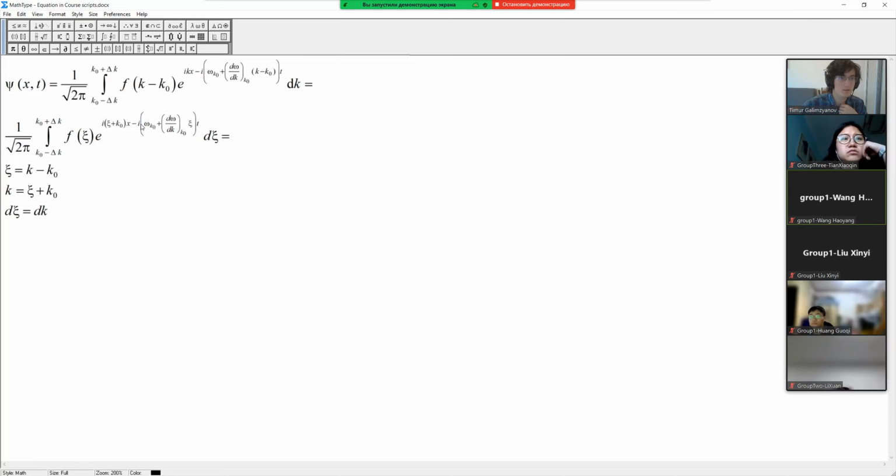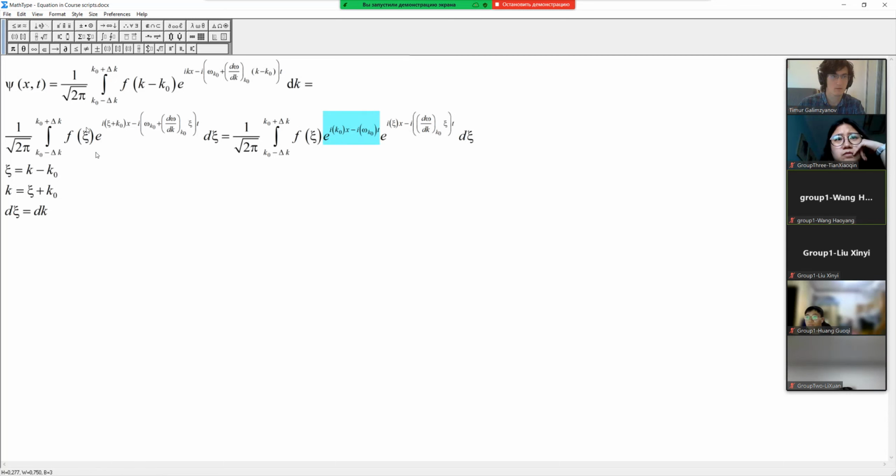So we see that we can decompose the exponent in the following form. We know that e to the power A plus B equals e to the A times e to the B. So we can decompose this expression in that form.